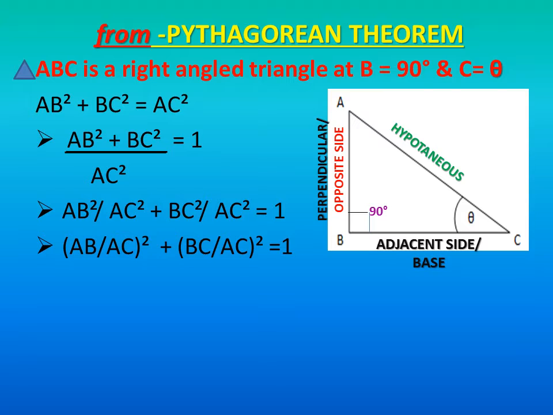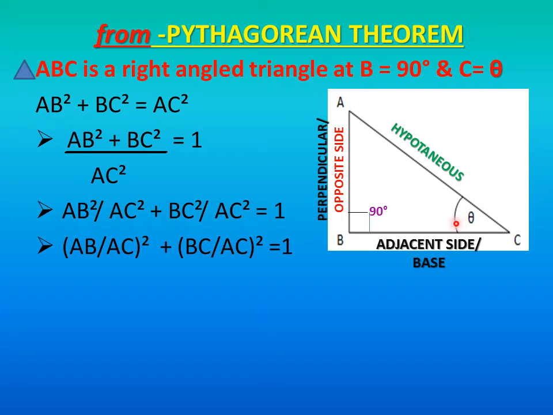Now we can see in this slide we have a figure of a triangle ABC, which is a right angle triangle at point B, and AC is the hypotenuse. Other than this 90 degrees, we have two other angles, and at point C, in triangle ACB, we consider the angle C to be equal to theta.